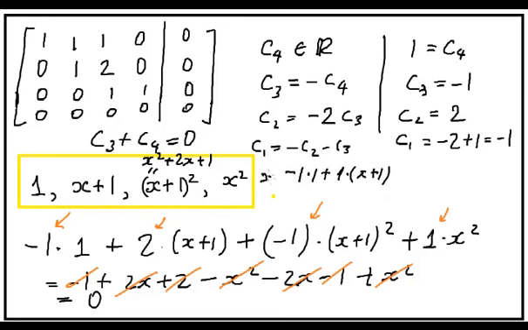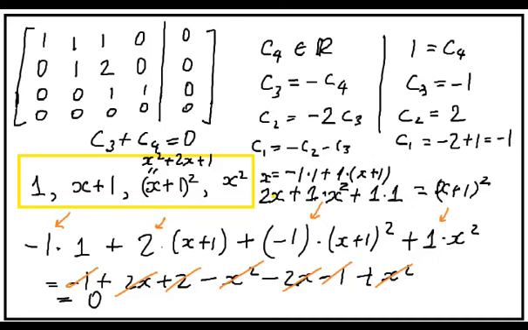This would allow me to express x as a linear combination of the first two. And then I get 2x plus the last one, 1 times x squared, plus 1 times 1. And that is equal to x plus 1 squared.